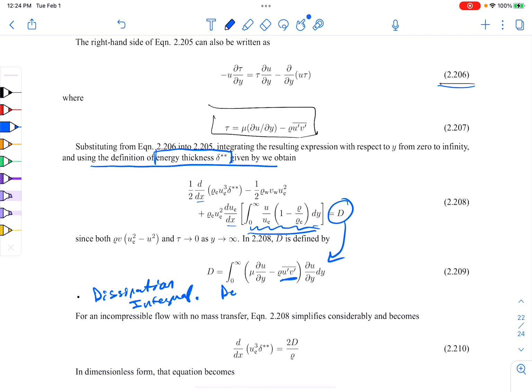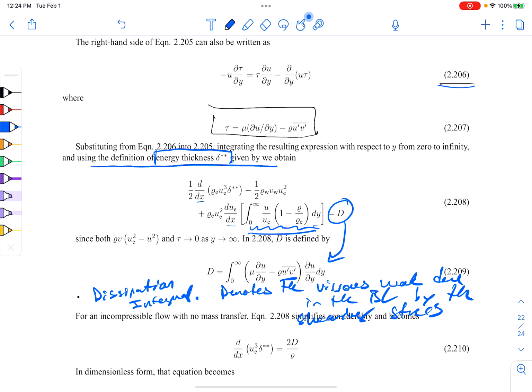It denotes the viscous work done in the boundary layer by the shear stress mu partial u partial y and negative rho u prime v prime bar.